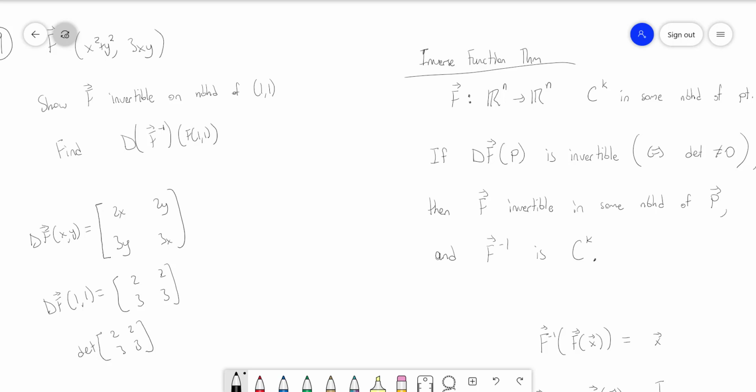Let's see here. Did I make a mistake? Partial with respect to x, 2x, 3y. Partial with respect to y, 2y and 3x. The point 1, 1. The determinant, however, is 0.